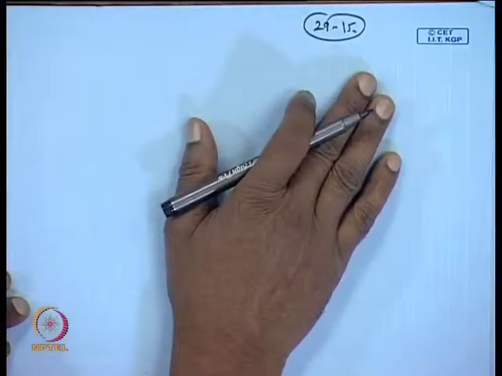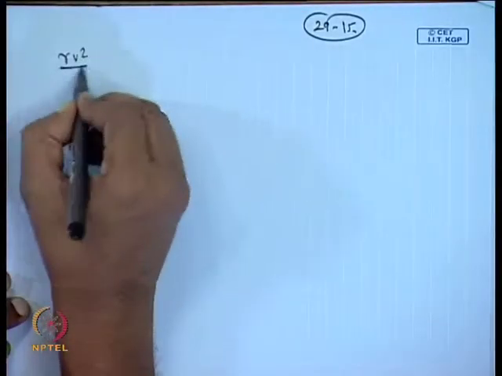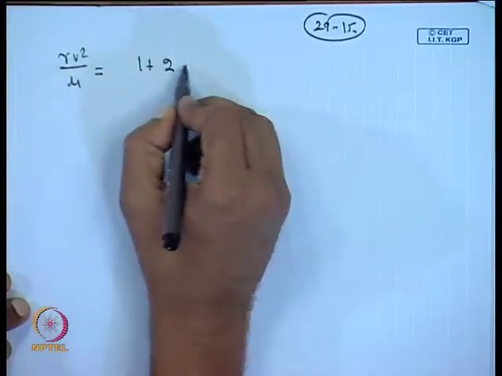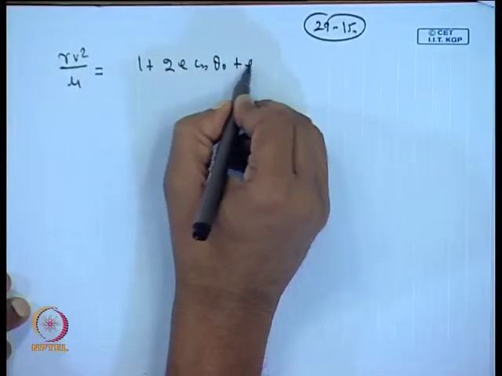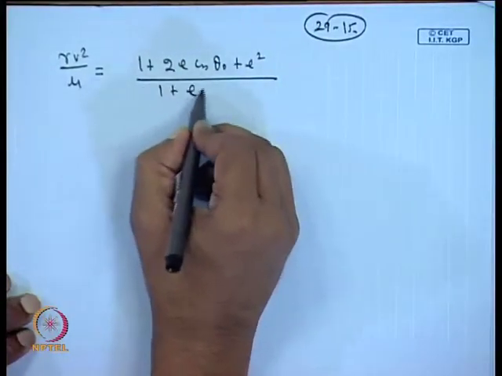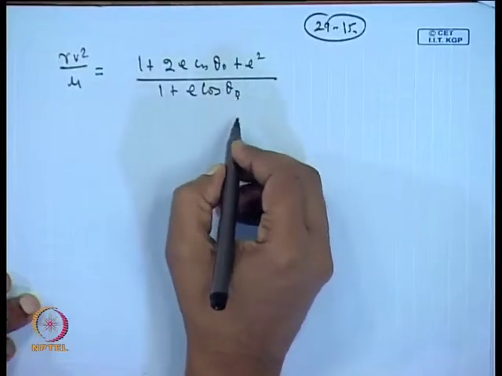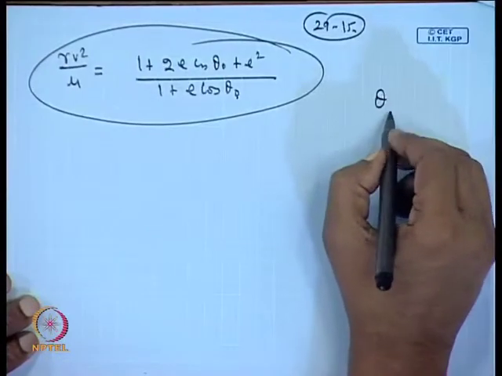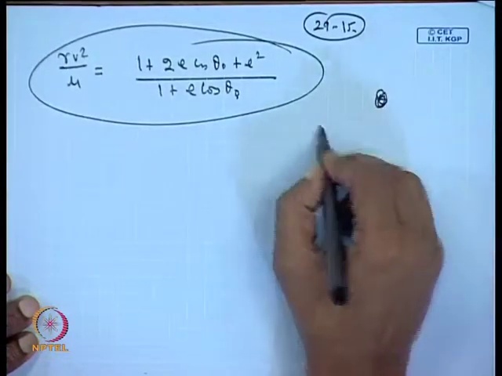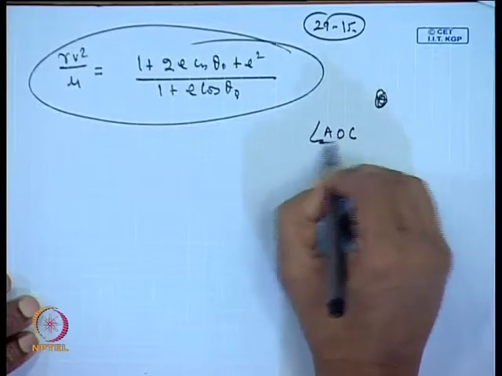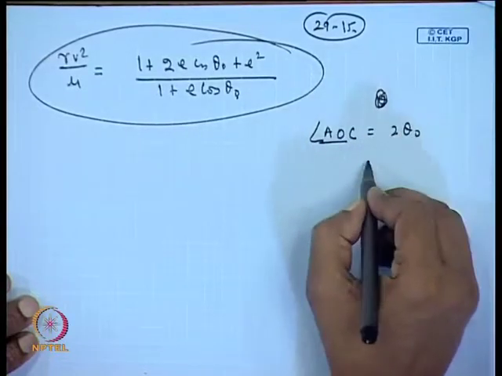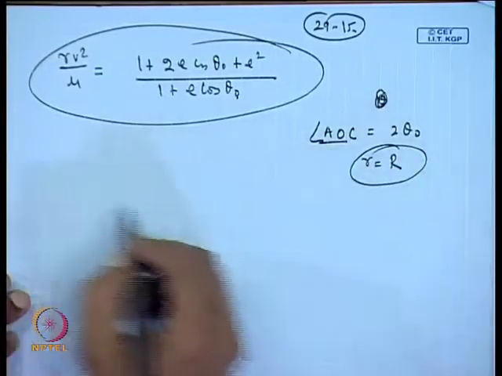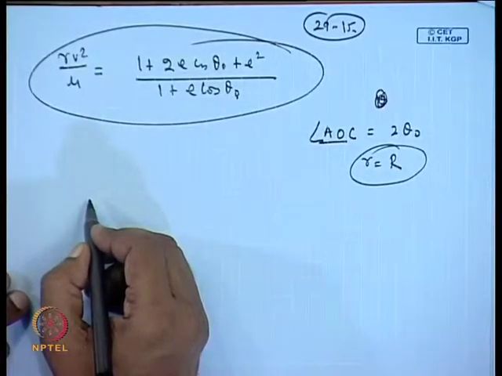So, here r v square by mu, at least we can write this expression, how much this will be. This will be 1 plus 2 E cos theta 0 plus E square divided by 1 plus E cos theta 0, and here the angle AOC is equal to 2 theta 0 and r equal to r, which is the radius of the circle.